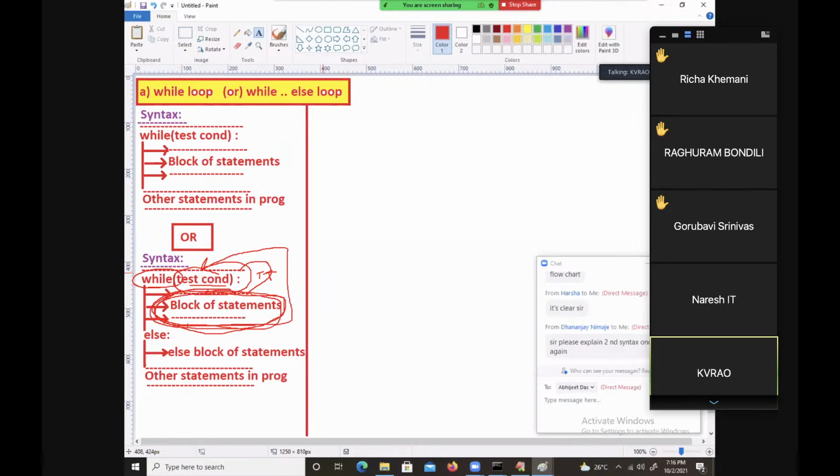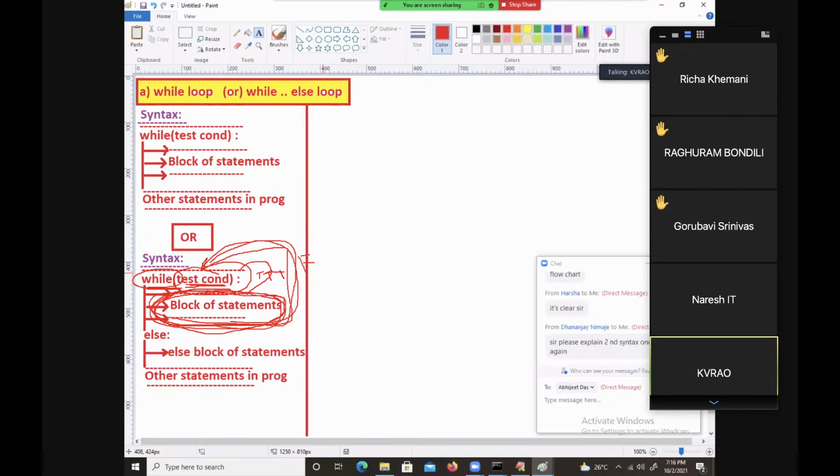After the second time, the third time also it comes to the while loop. The third time also it is true, so execute the block of statements the third time also. The fourth time it goes back to the condition and it is false.